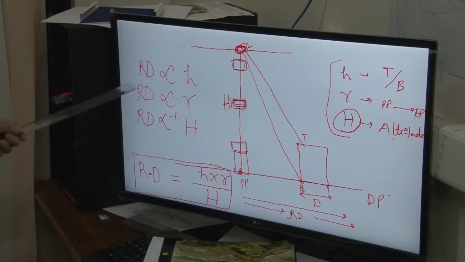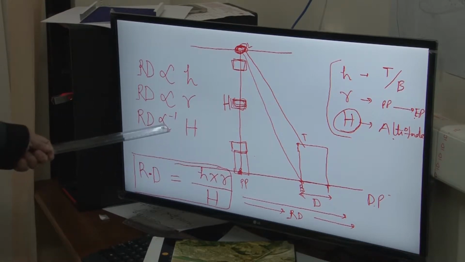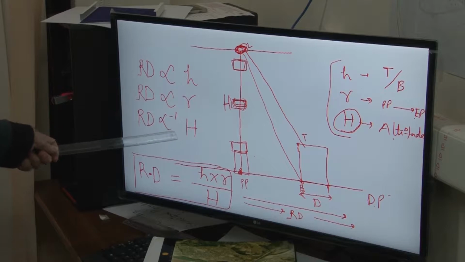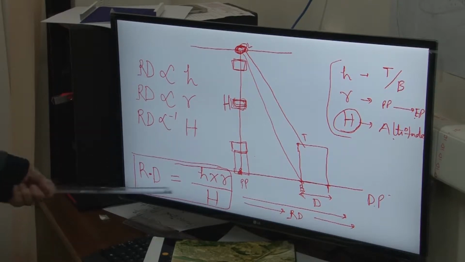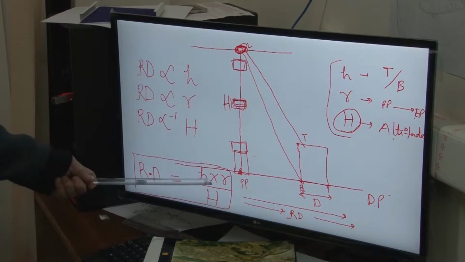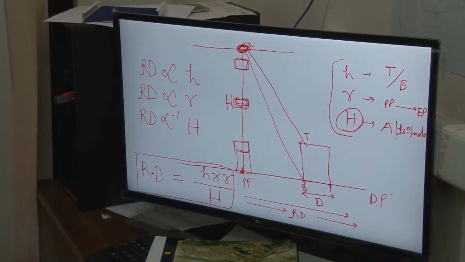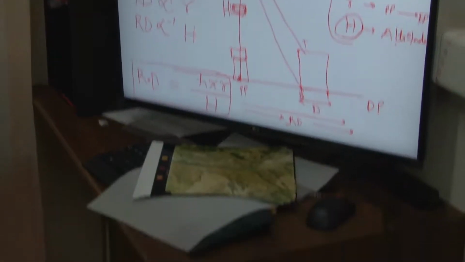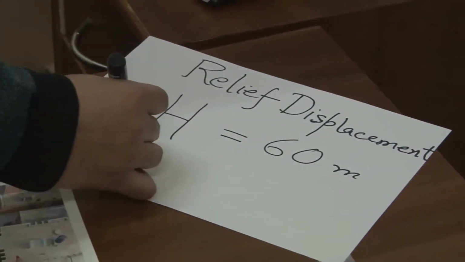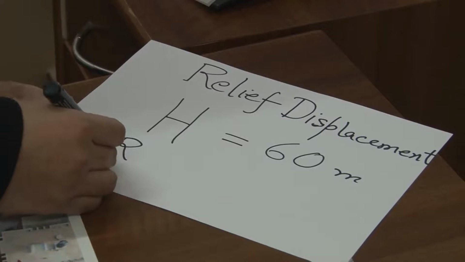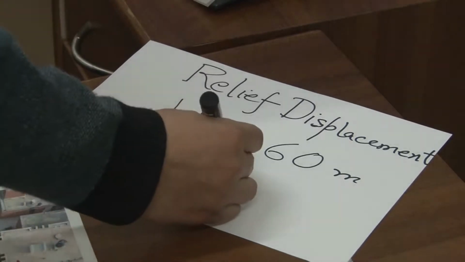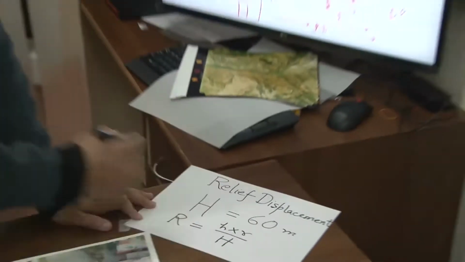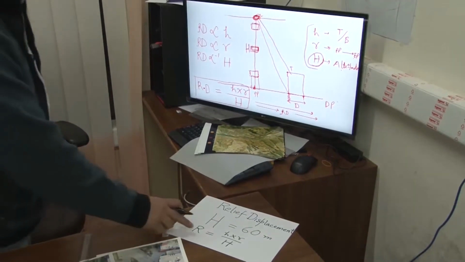And relief displacement is inversely proportional to the flying altitude, flying height, capital H. So with this information we have this formula: relief displacement is equal to h into r by H. So suppose capital R is your relief displacement; then it is h into r by capital H. So this you know.